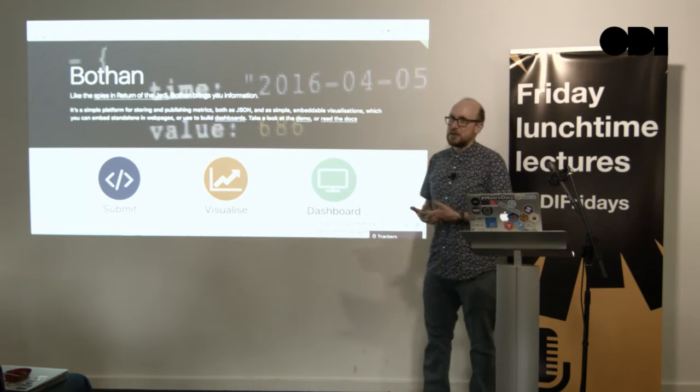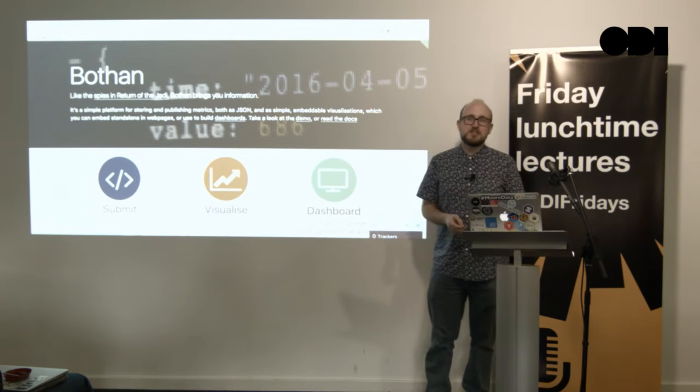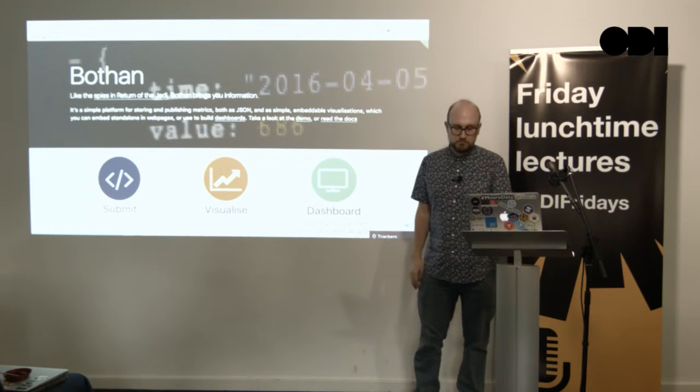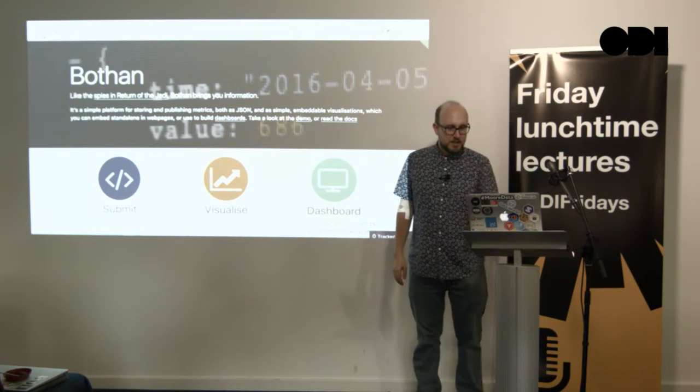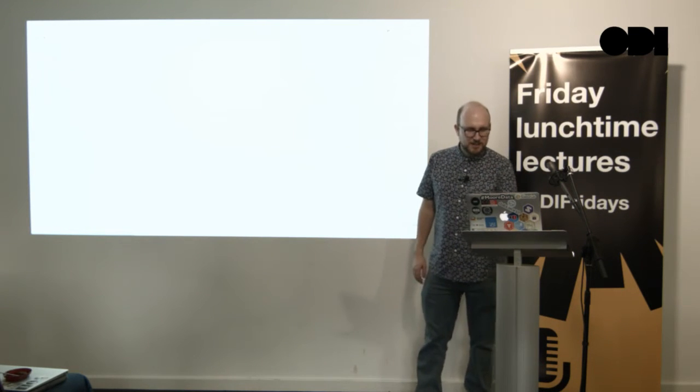It's basically a metrics platform that also allows you to do visualizations and dashboards and things like that. Anyone can deploy their own version. You go onto the Boffin website, go to deploy, and you deploy your own version on Heroku, and it all works pretty well. Stores them as JSON, there's a terrible screenshot of some JSON.